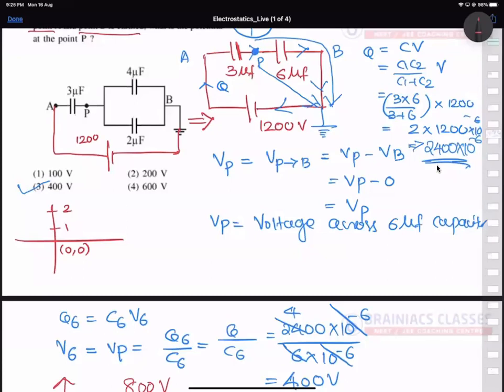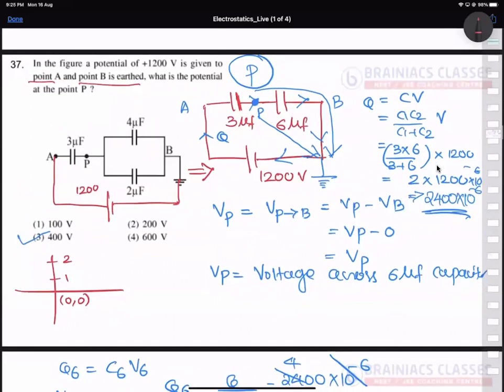Any doubt, anybody? No response. All of you understood? Because this is highly important. This is highly important. You are attending our BQT, right?